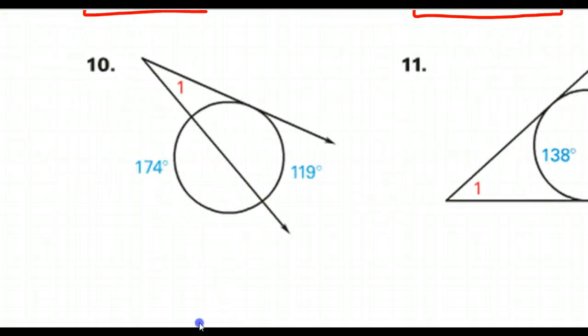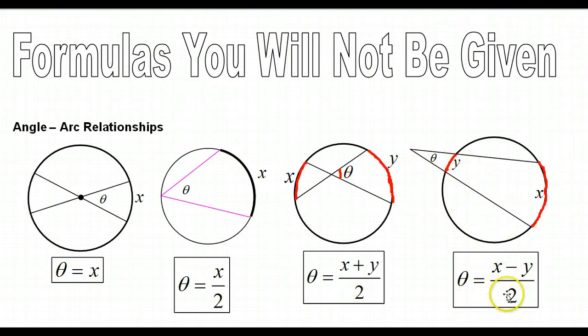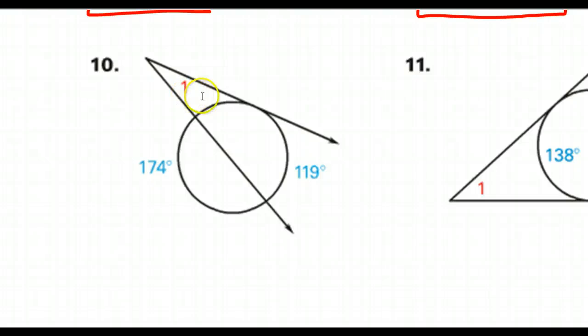Number 10. Okay, clearly this angle is outside the circle. So thing number 1, I'm going to be using this formula, arc minus arc divided by 2. Now, focusing on that aspect of it, the two arcs that I need are, one of them is going to be this arc right here.